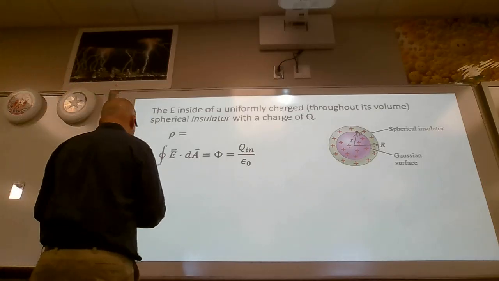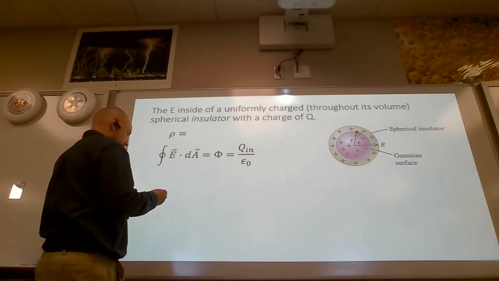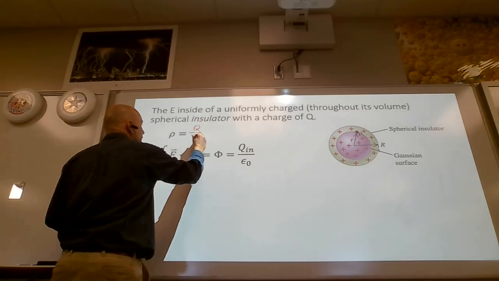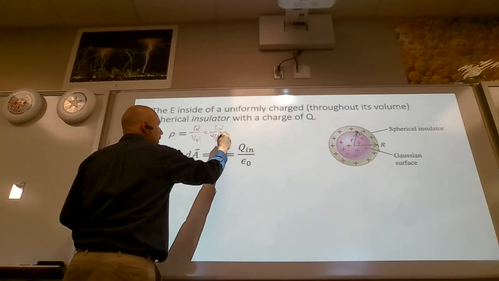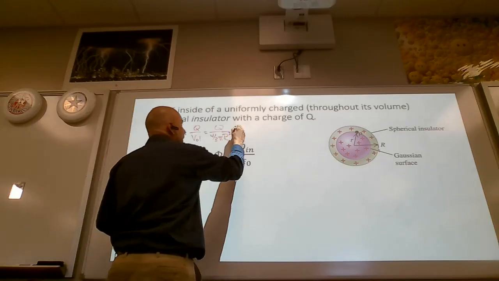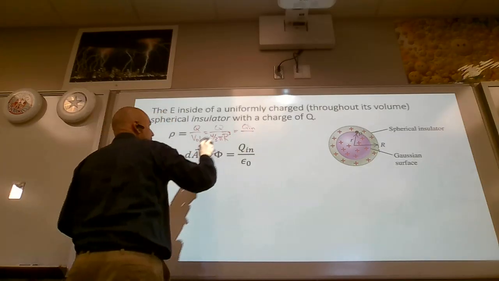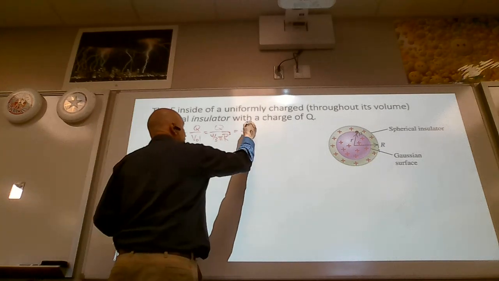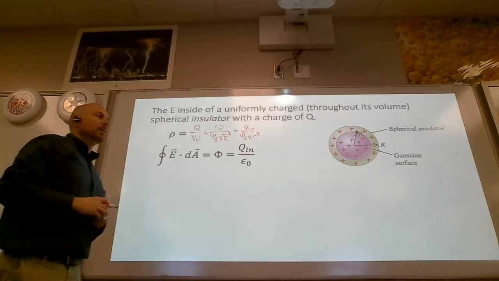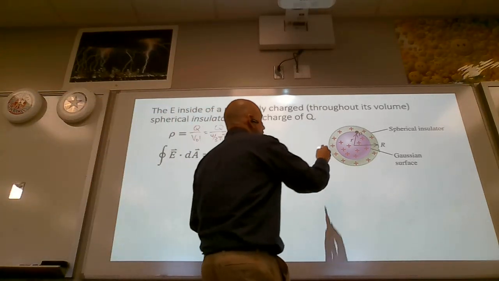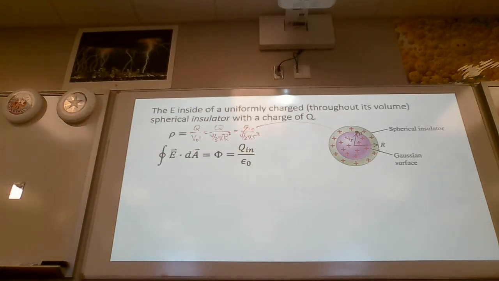So we have our expression for charge density. We have charge over volume, which is equal to charge over 4/3 pi R cubed, and this is Q on the inside, the purple part, 4/3 pi lowercase r cubed. So I'm looking at the charge in the purple part, in the Gaussian surface. That's what I care about.